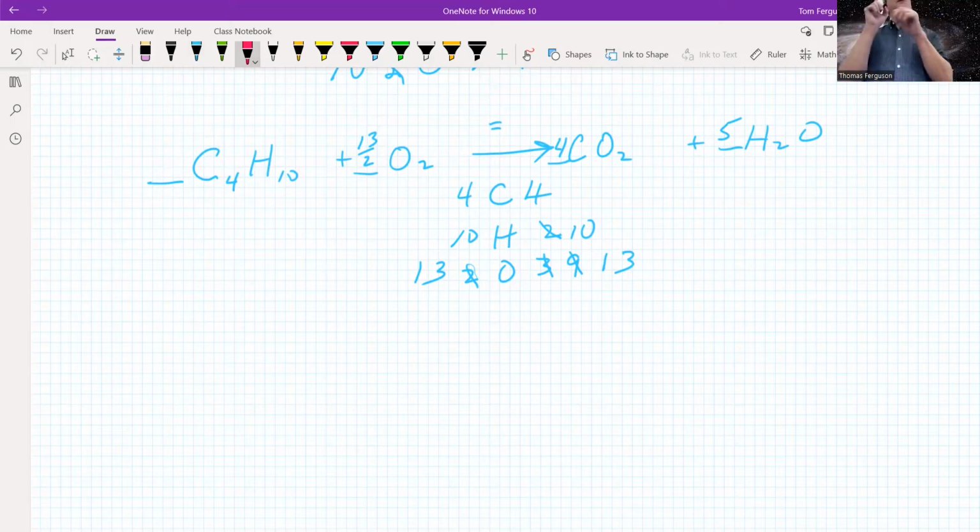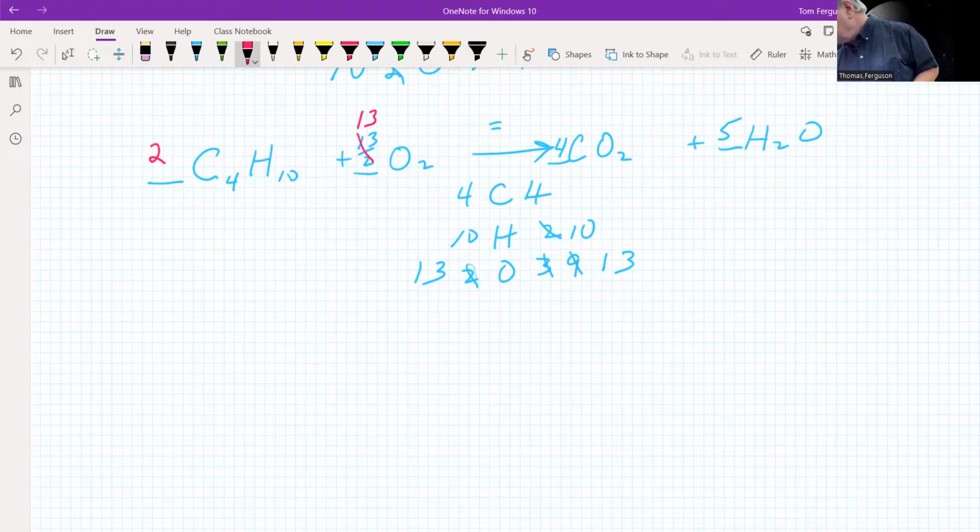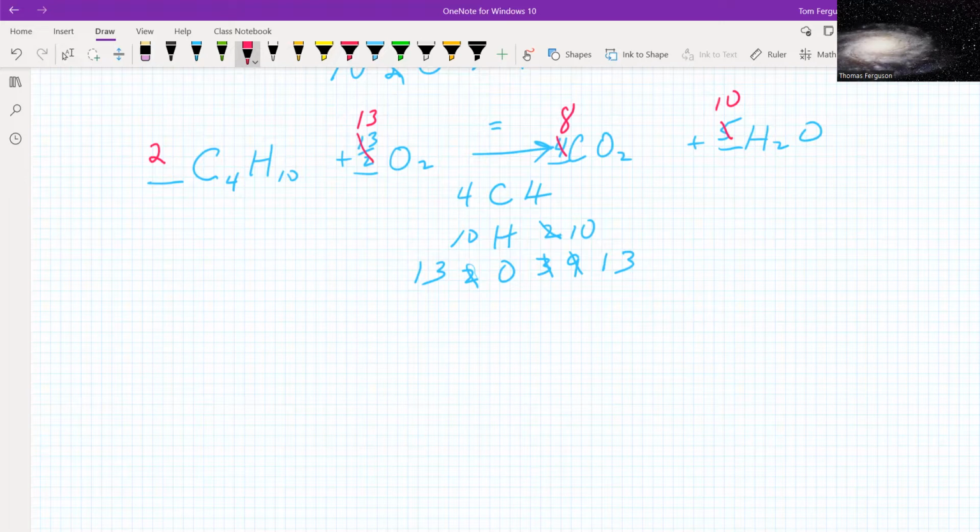But what we do to it, we have to do to everything. Okay, now it's balanced with no fractions. So it's fine to balance it with fractions first, but you have to clear the fractions if you have fractions. Usually it's by 2, sometimes it's 3, never anything else. And 3 is rare. So most of the time it's 2.